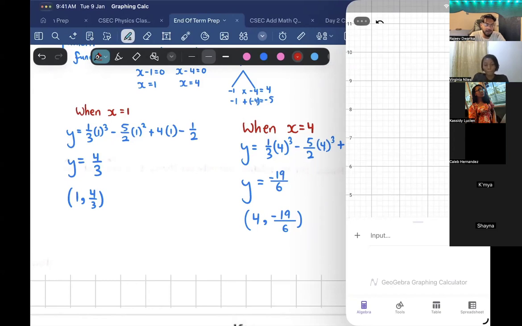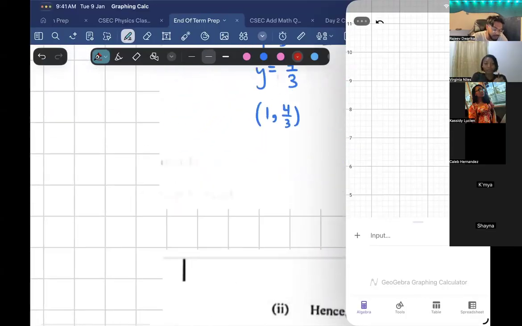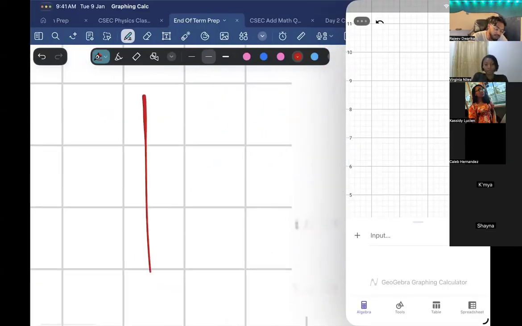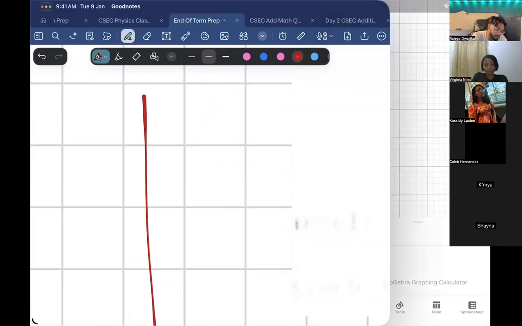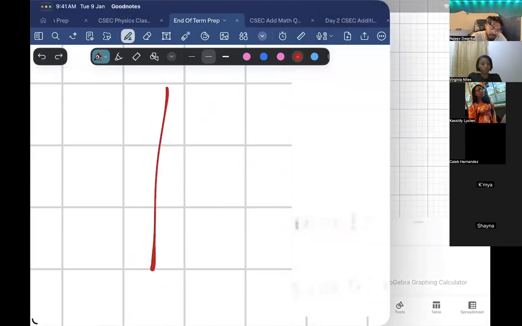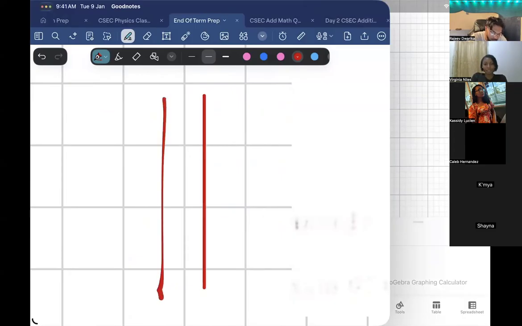Alright, so when you hear minimum, let me give a real easy way to remember this. When you think of minimum, you think of it going low or high? Low. And are we looking at the X value or the Y value? The Y value, right? So let's compare these 2 points.